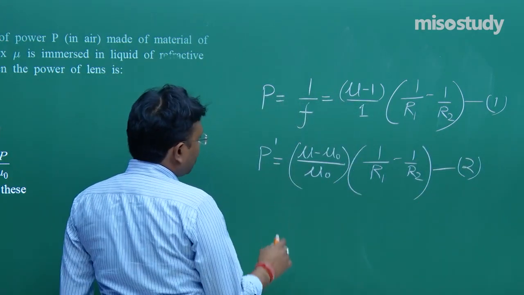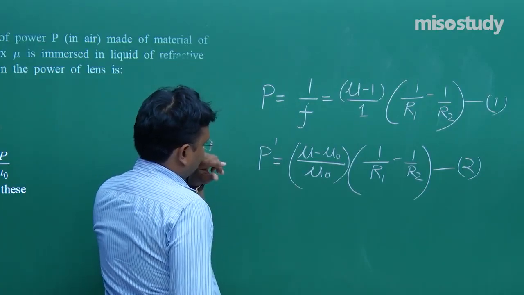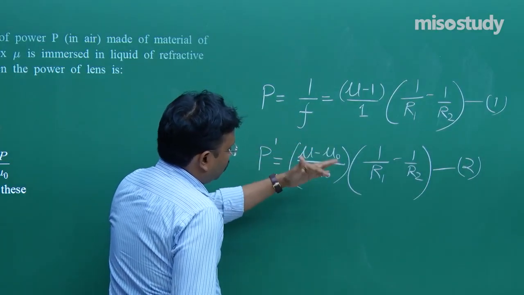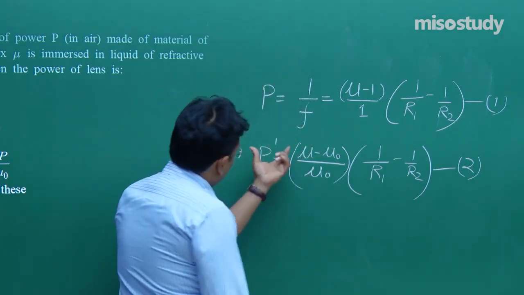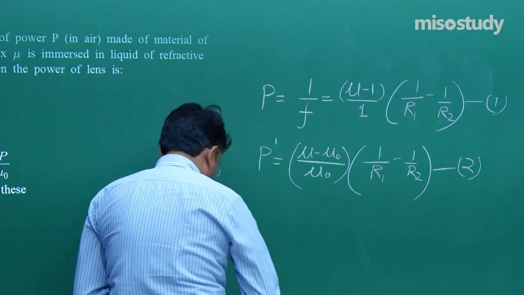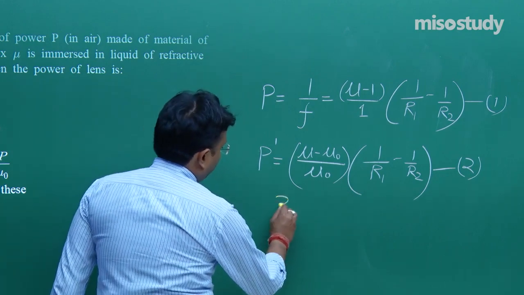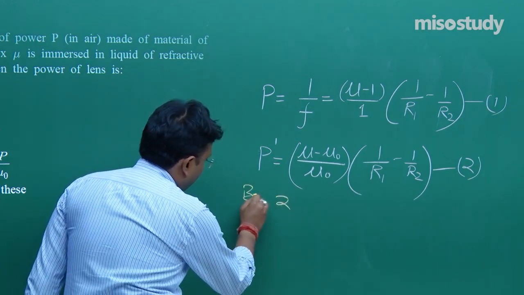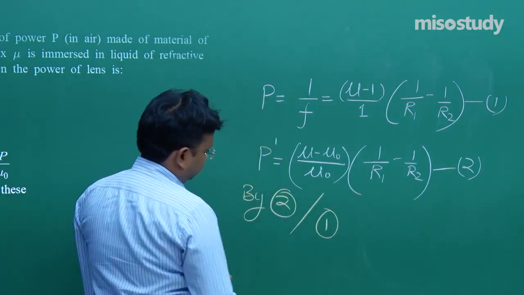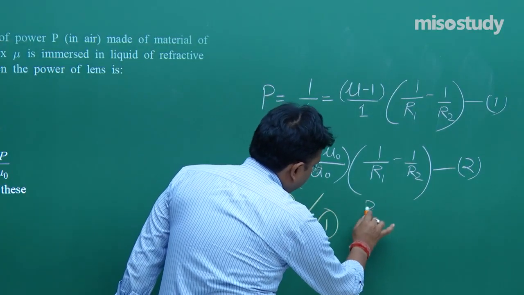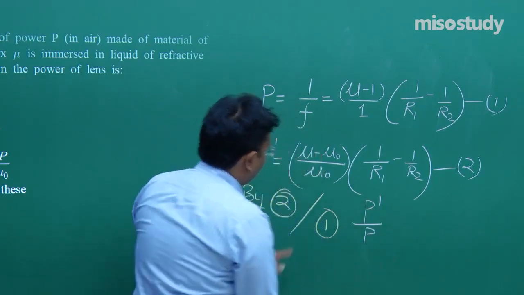Now, do one thing, divide equation 2 by 1. You can do it the other way around, no problem, but because you have to find out P prime, let's do it in this fashion. 2 by 1, fine. P prime upon P, what you have to do?